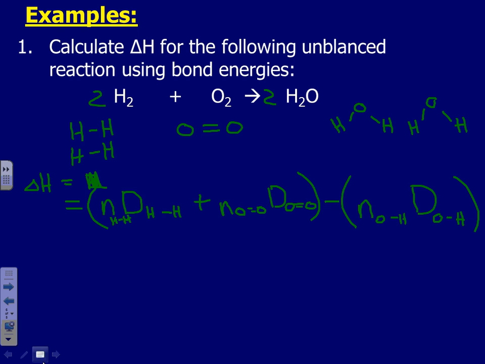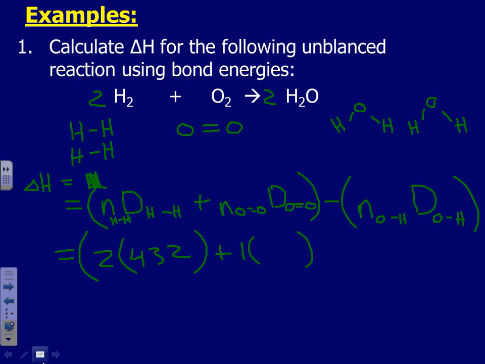Now let's put the numbers in, because we're doing it step by step. In this case, now I've got 2 of those times, and could somebody please find me the HH value on the sheet? 432? 432 kilojoules per mole, but don't write that in. That's a pain. If this is kilojoules per mole, the 2 represents 2 moles. They cancel out. You're going to get kilojoules in the end. Plus 1.